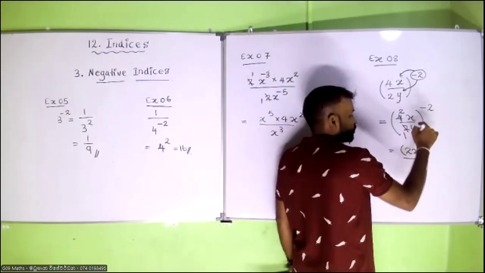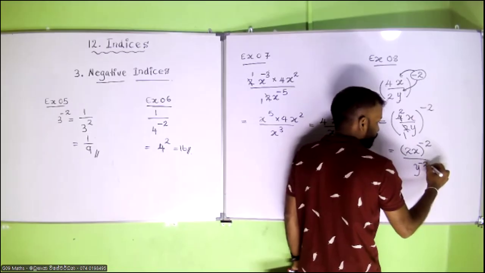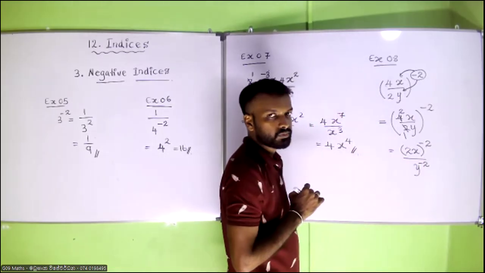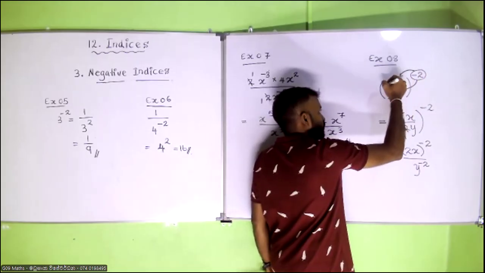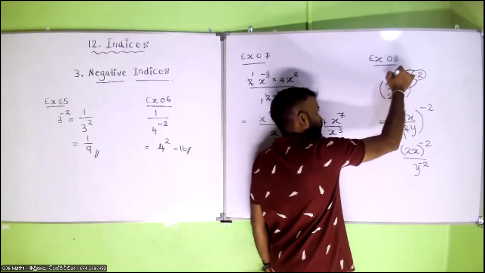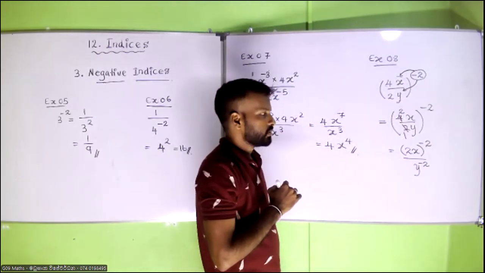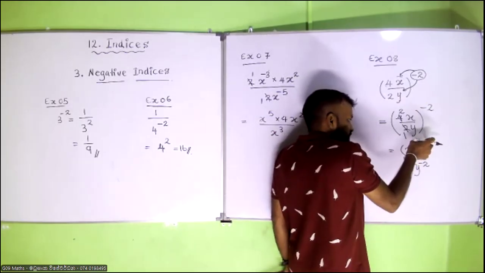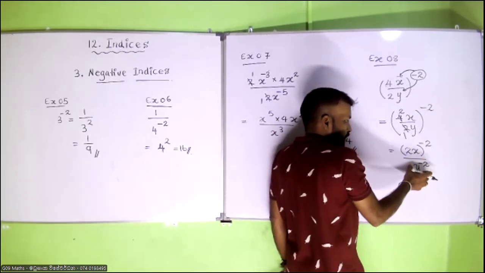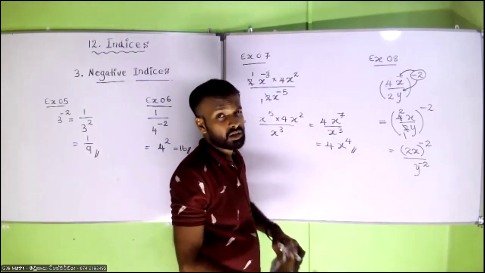Y whole thing to the power minus 2. Y to the power minus 2, because this minus 2 is common for the numerator and the denominator. So the apple minus 2, banana minus 2.